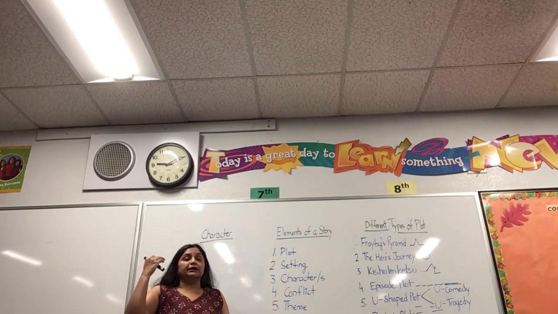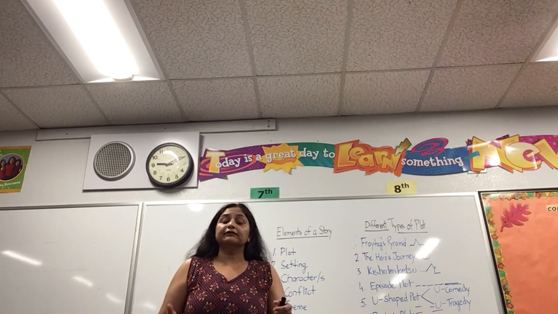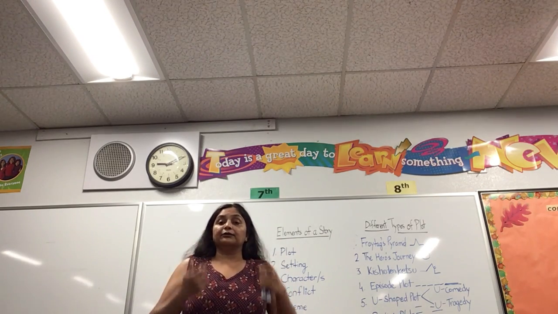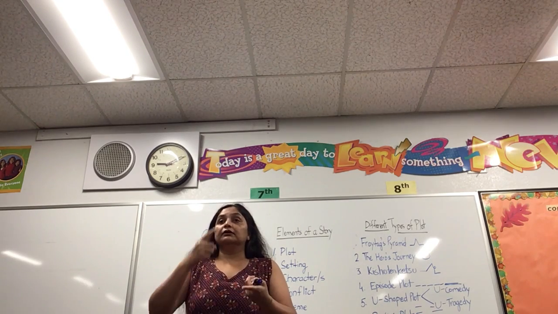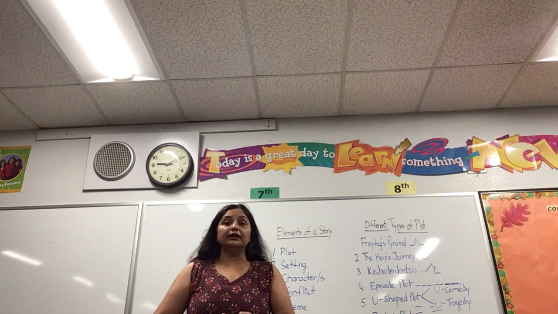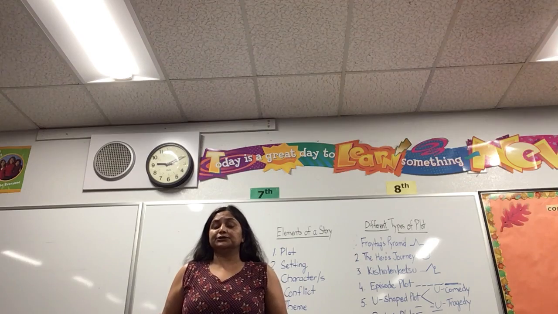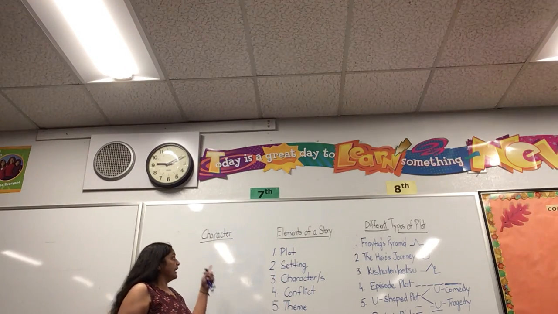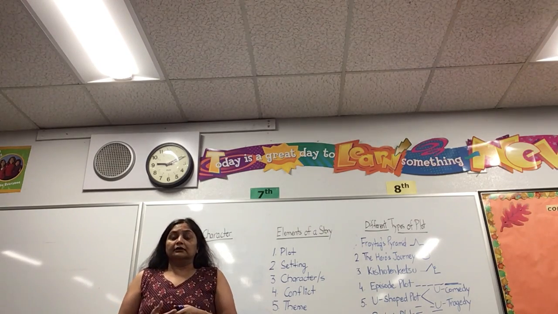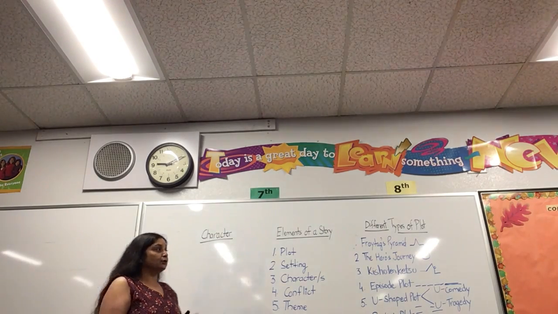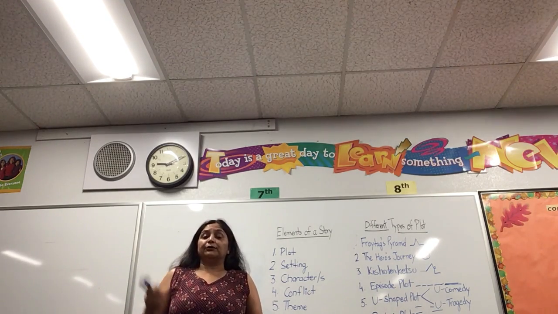Okay, there can be main characters, there can be minor characters, but someone who is playing a role in the story, animal, bird, human being, anything that is playing a role in a story is a character. And if there are multiple, they are characters. Okay, so that's what a character is: a person playing a role in the story.